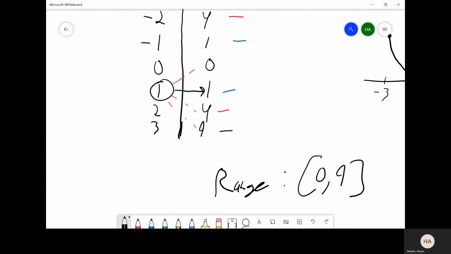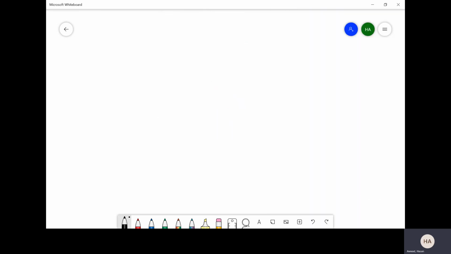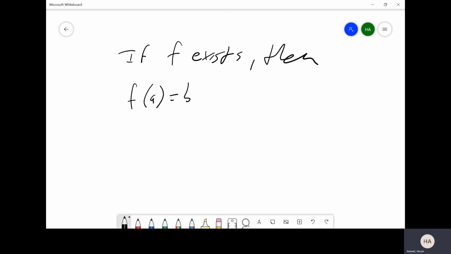Okay, so let's go ahead and talk about graphing functions, which we already kind of just got into a little bit. So let's recall from the last lecture video, if a function f exists, so I'll write this one out. So if f exists, and f is a function, okay, then we always can draw an ordered pair from the function in the form of f of a is equal to b, which corresponds directly to the ordered pair, and they go back and forth, right?